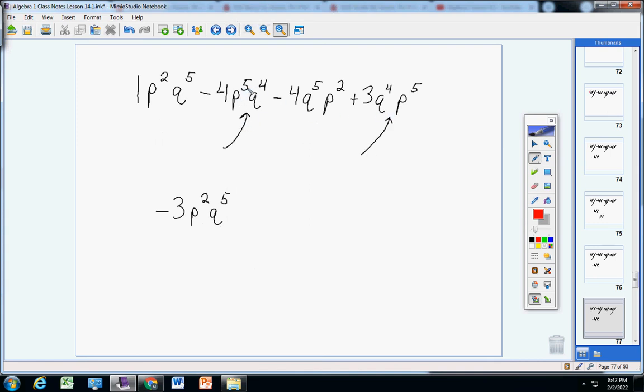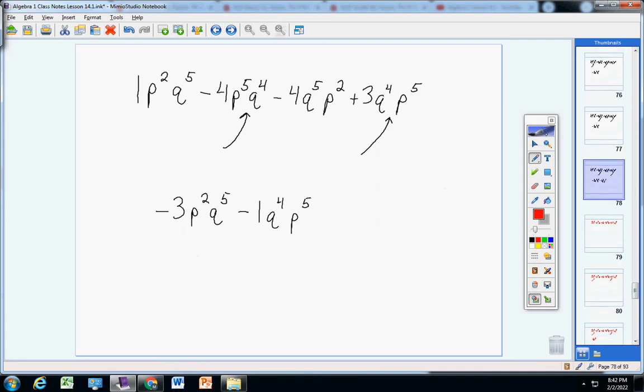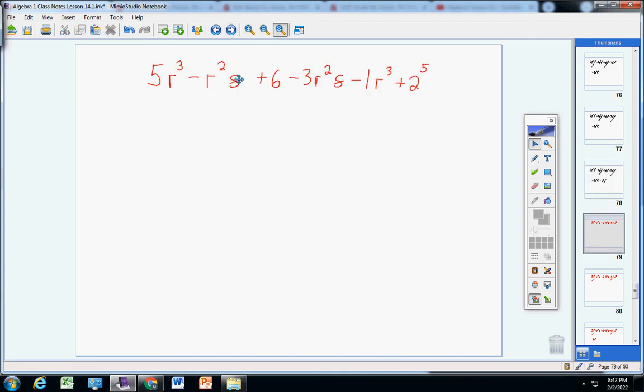P to the fifth, q to the fourth, negative 4, positive 3, combine those, and we get a negative 1, okay? And if you do not want to put that negative 1 right here, you do not have to. Totally up to you.